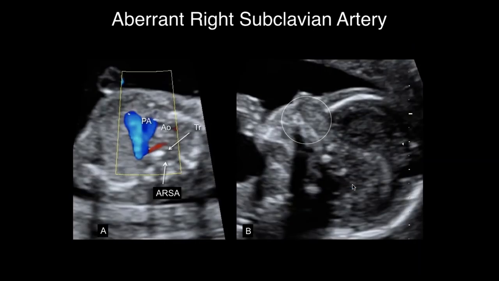Why is this important? There has been some association with Down syndrome in those cases, with a relative risk somewhere around a 3 to 4 likelihood ratio. So it's quite significant actually. If we see this, we look at the risk for the patient.